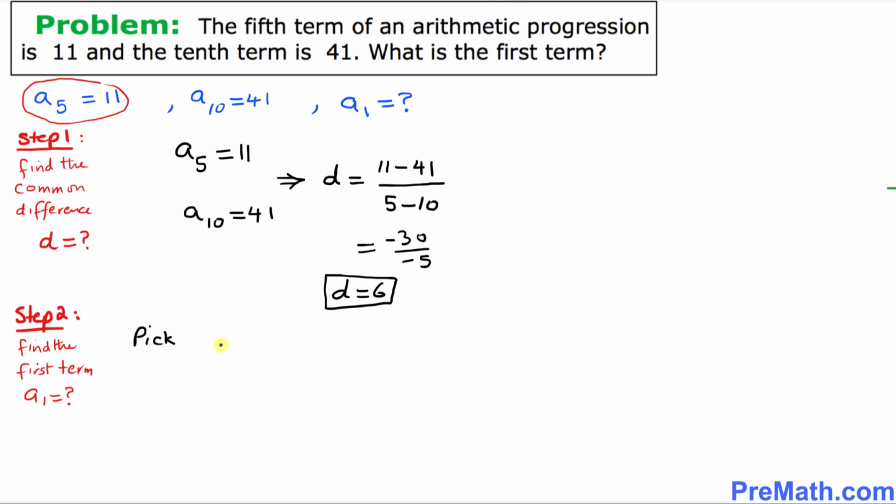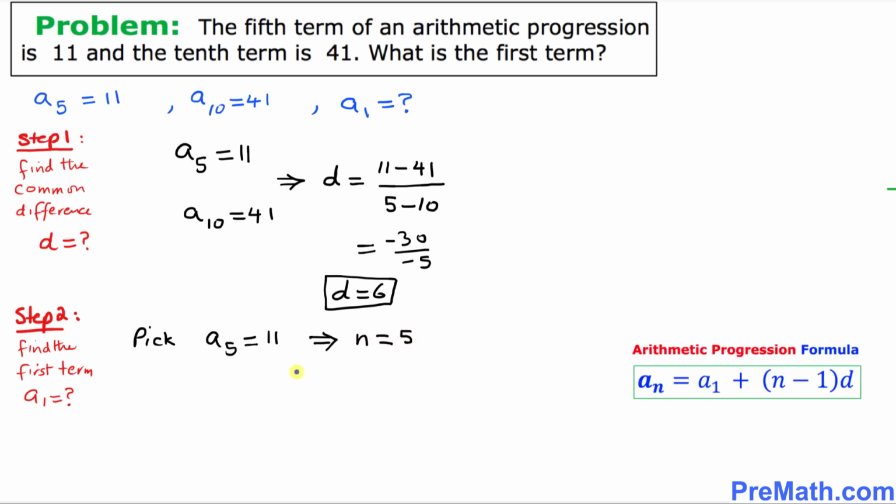I will tell you why I'm picking this thing. Now as you can see over here, the subscript over here is 5. That tells us that our n equal to 5.